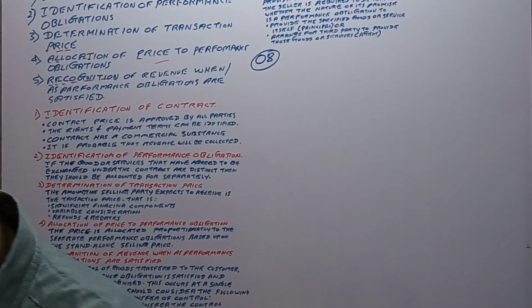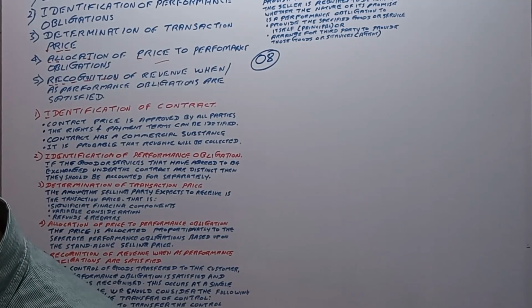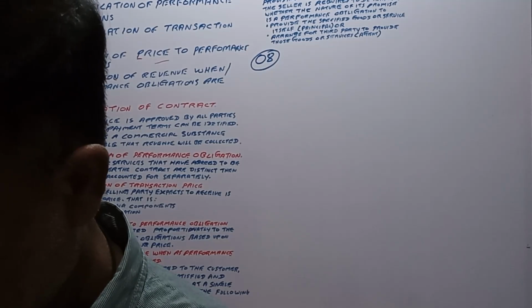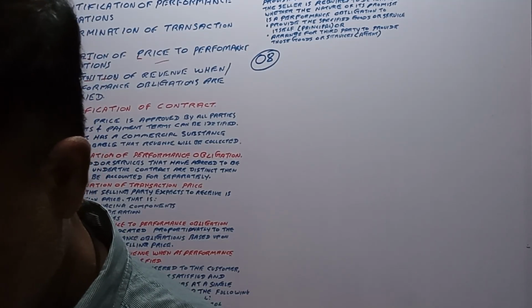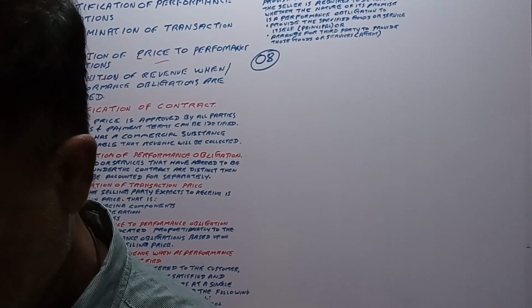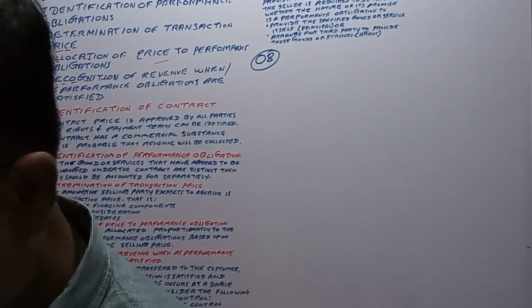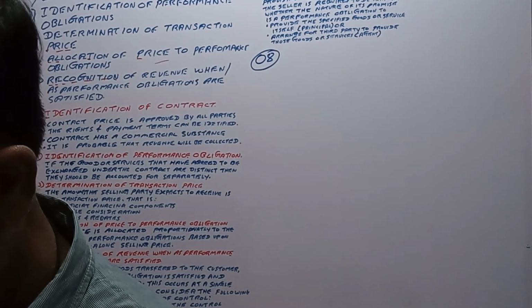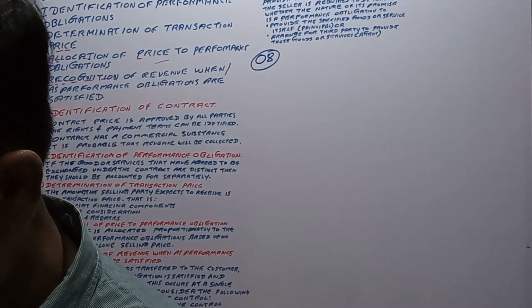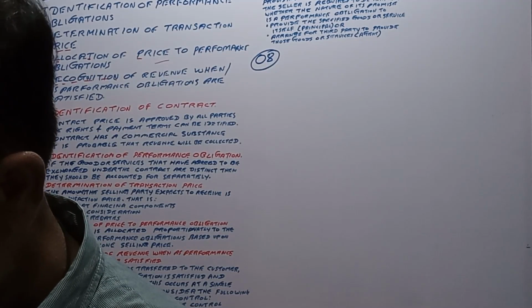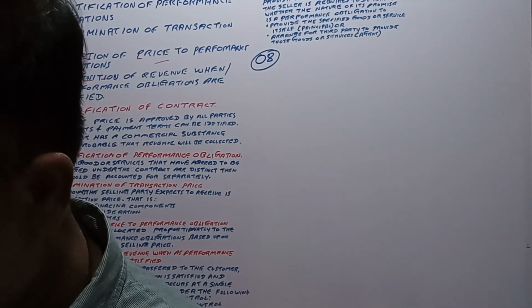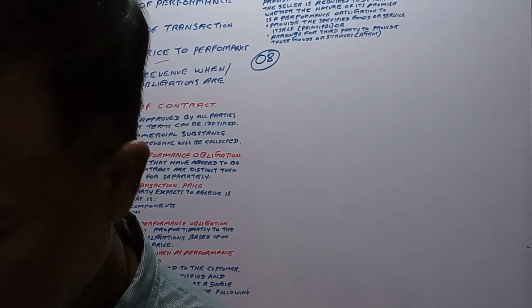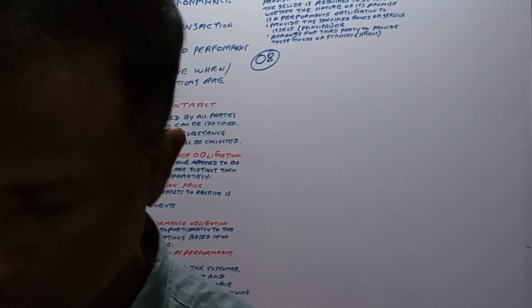They want us to show how this contract would be dealt with in the statement of profit and loss account for the year ended 31st December 2015.